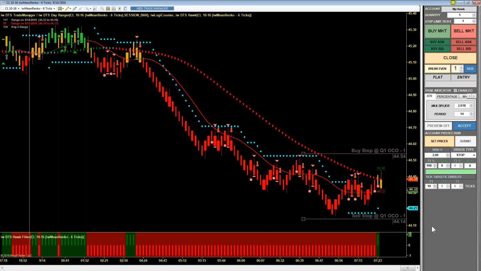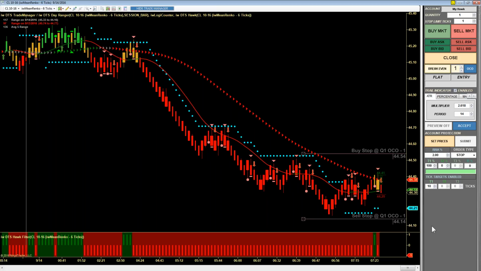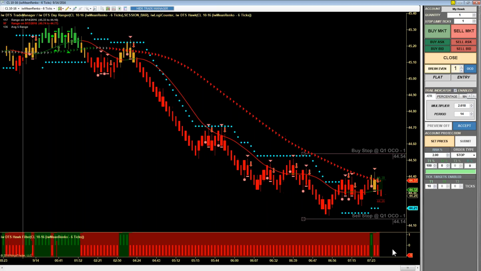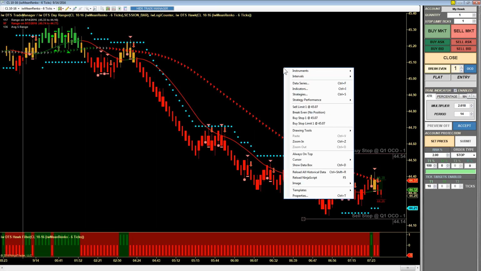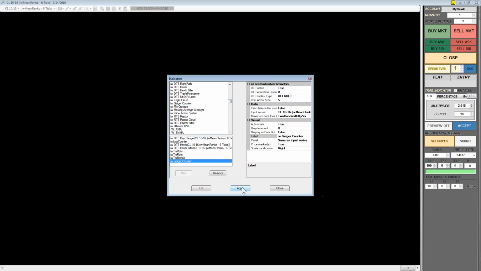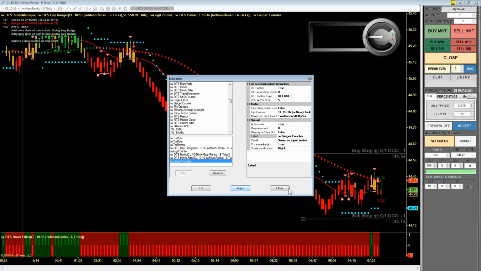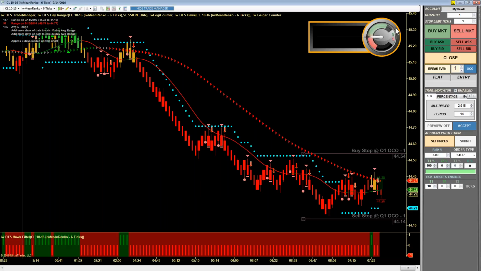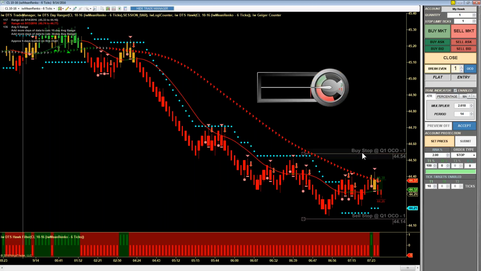So in about 2 minutes, 3 minutes time, we'll see the crude inventory release, and that should liven up the market a little bit. I didn't feature this tool this morning, the Geiger counter. This is another one of these system add-on type tools, the Geiger counter.